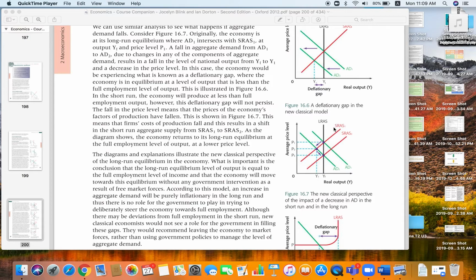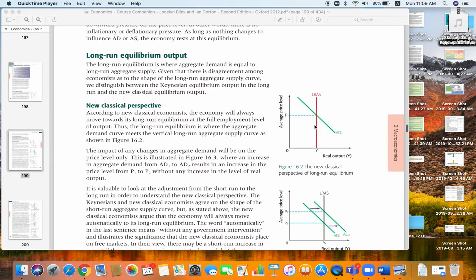So what you have is in the short run, initially this level where you're under, and then what happens is a shift to the right that, guess what, brings us back to our full employment, but at a lower price level.